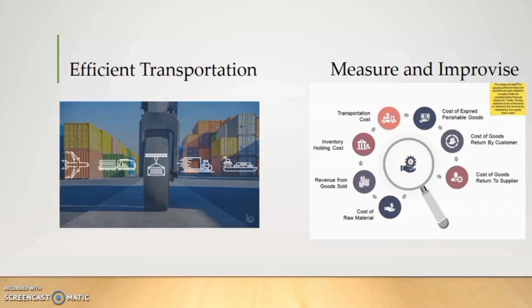For the last one, measure and improvise. Logistic network optimization is incomplete without integrating measurement, analysis, and feedback. When you deploy new strategies in the system, you need to measure the output. This is important as it indicates the success or failure of the strategy.